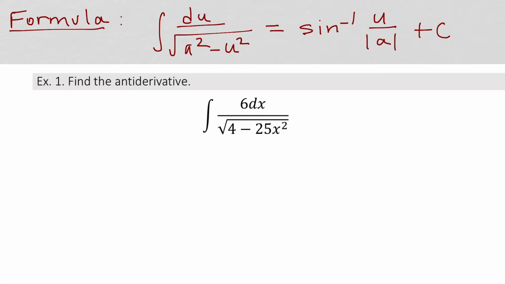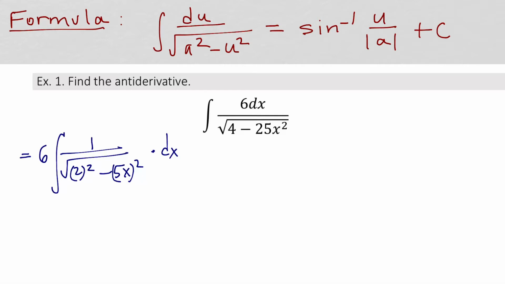So first I'm going to say this is equivalent to 6 on the outside of the integral, then 1 over square root of 2 squared minus 5x squared, and then I'm going to put my dx over here, and I'm going to set up my u substitution. So I'm going to say that my constant a here is 2.